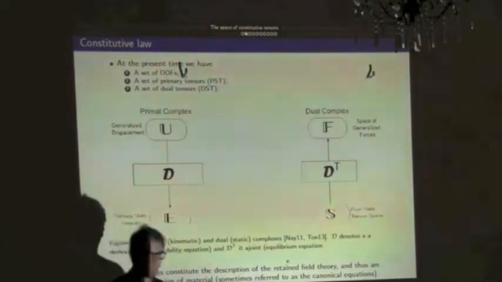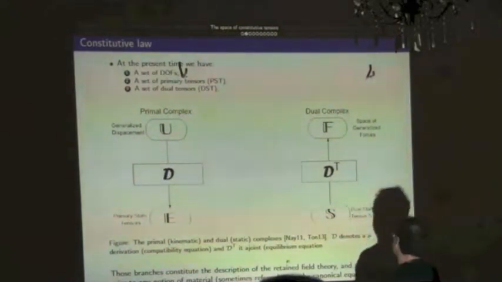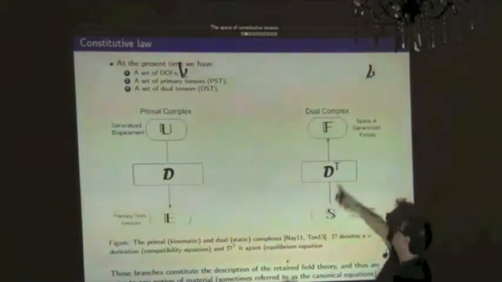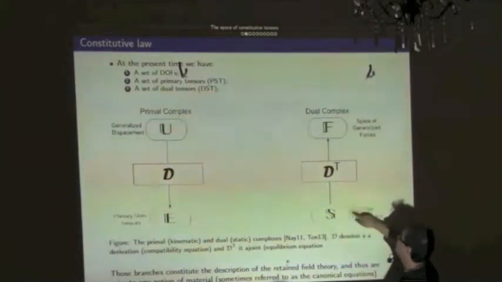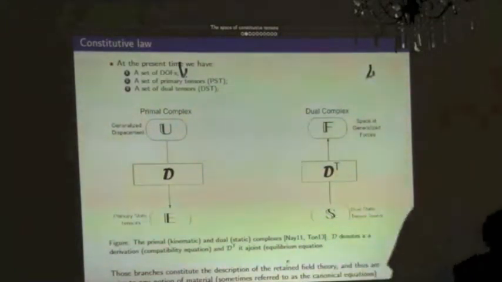And between these two spaces, you can have a derivation that allows you to start from the degrees of freedom to obtain your generalized strain measure. And in opposite, I have the static branch, in which I will have my generalized stress measure, and associated to it, I can also define some space of generalized forces.